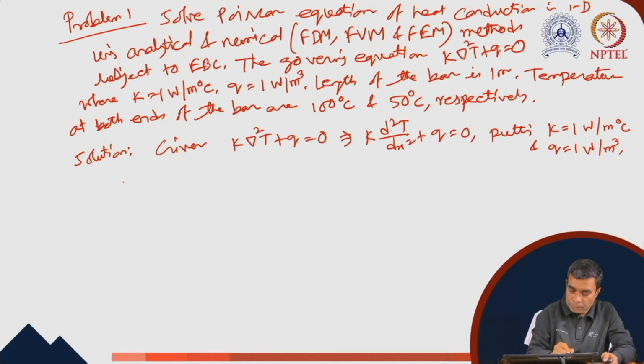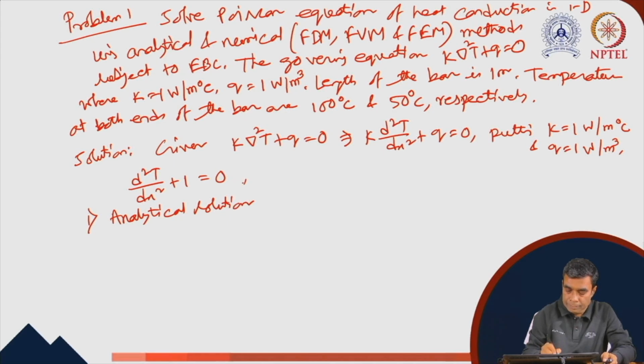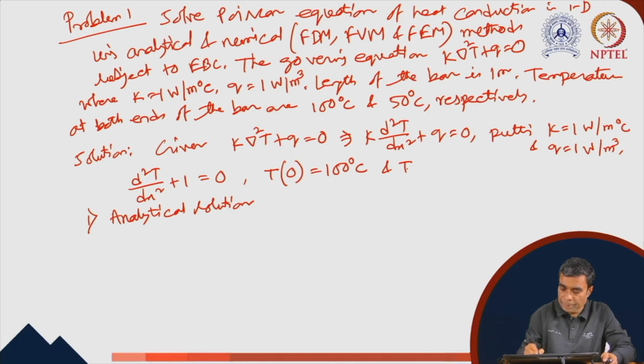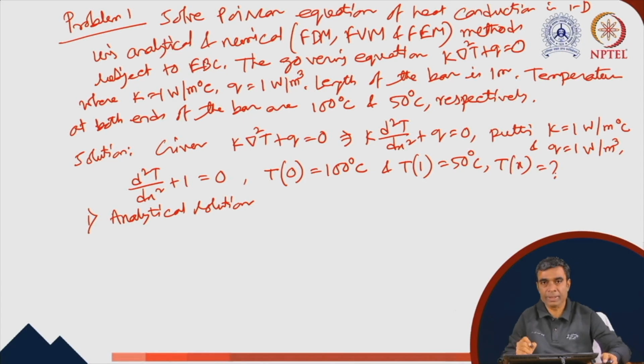It reduces to d2T/dx2 plus 1 equals to 0. So let us first show the analytical solution. Here temperature at x equals to 0 is 100 degrees centigrade, and temperature at x equals to 1 is 50 degrees centigrade. So we have to find out the distribution of temperature.